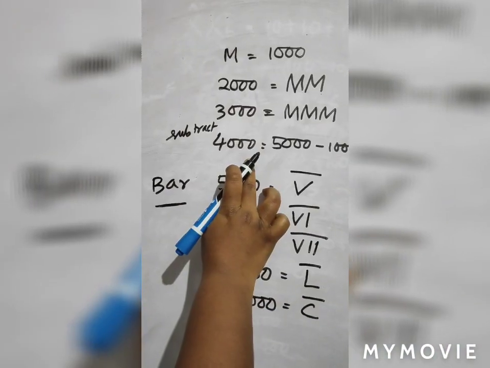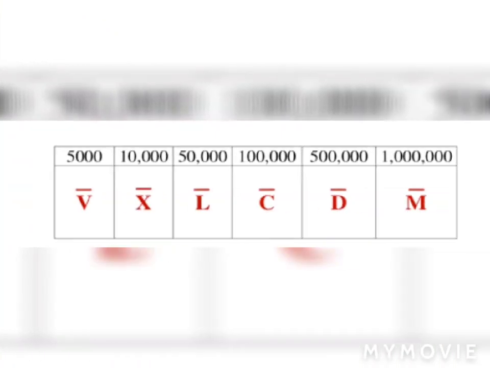We're subtracting 1000, so I'll write M, V bar. V bar means 5000, X bar means 10,000, L bar means 50,000, C bar means 100,000, D bar means 500,000, that is 5 lakhs, and finally M bar means 1,000,000, so it is 1 million, or in the Indian system 10 lakhs. So this is how we can denote big numbers in Roman numerals as well.